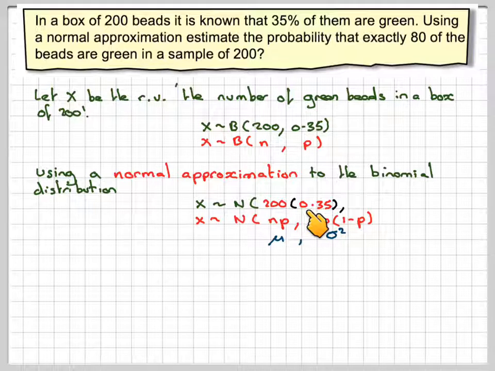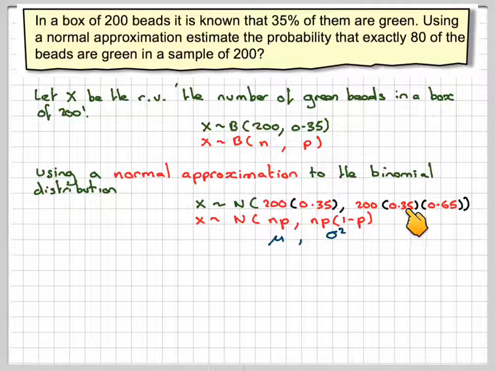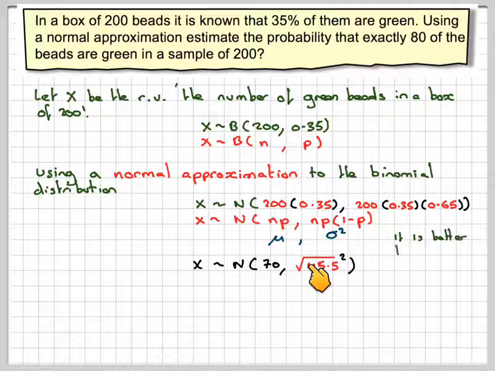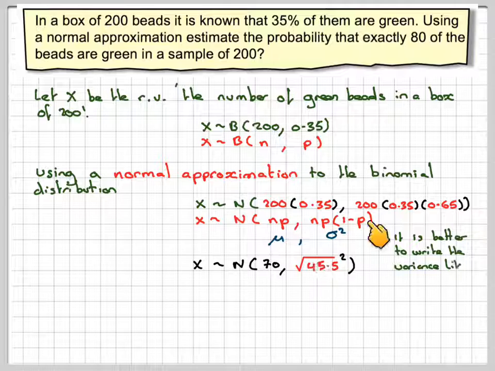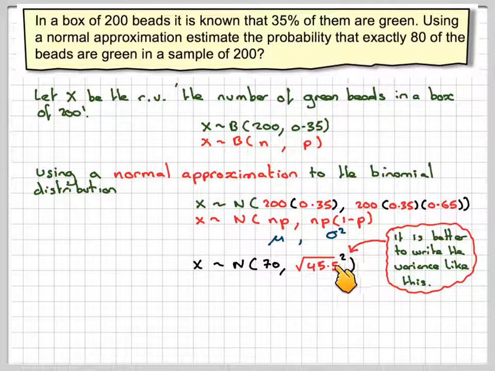So we do 200 times 0.35, and for the variance we do 200 times 0.35 times 1 minus 0.35, which is 0.65. Working those values out, X will be normally distributed with a mean of 70. And it's better to write the variance as the square root of this number, squared.